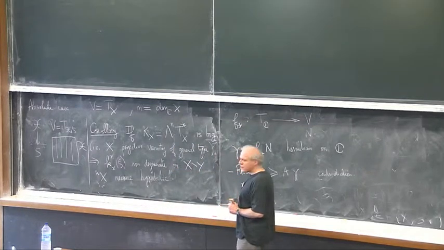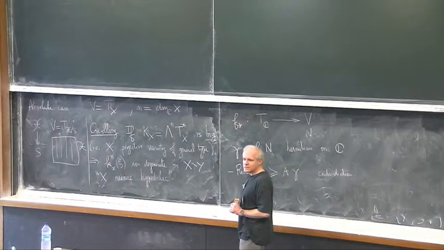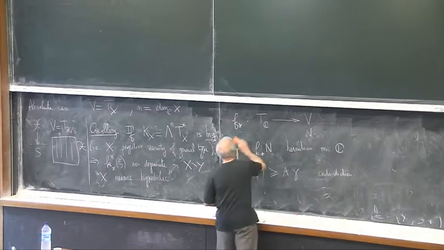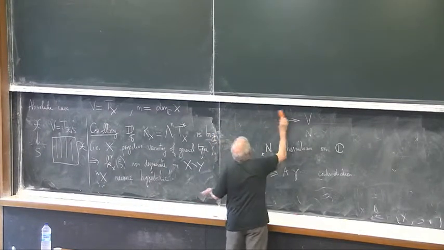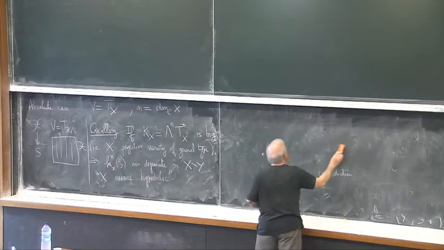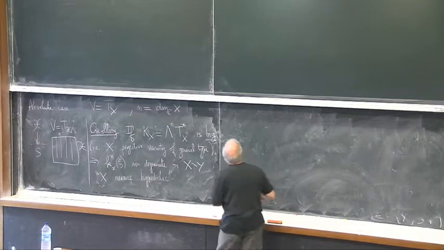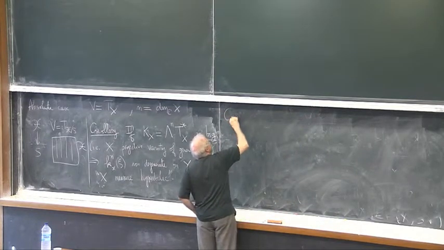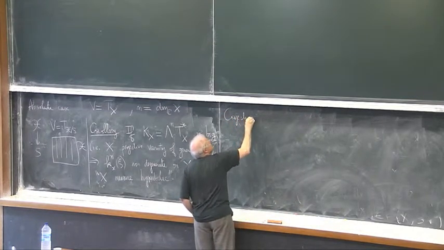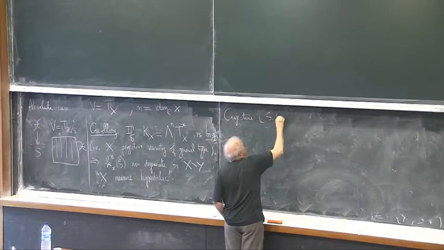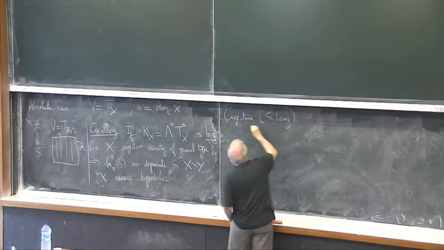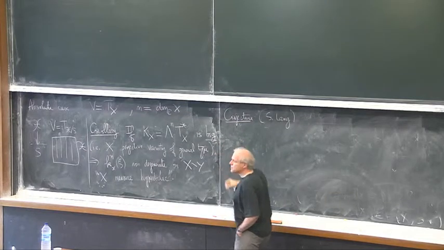Strange enough, the converse is not known. So this is a question, a conjecture. The converse should be easier in some sense, but so there is a conjecture by Lang. That actually it should be equivalent.